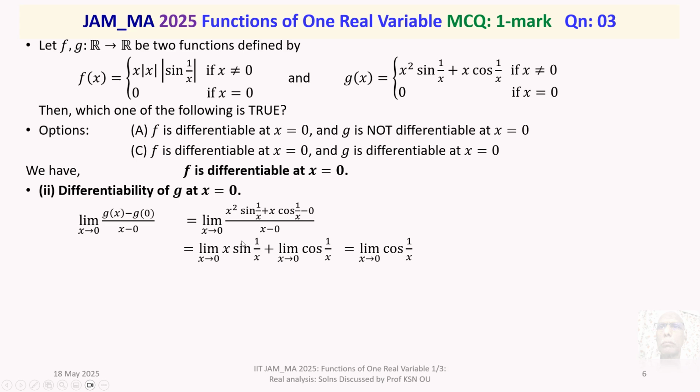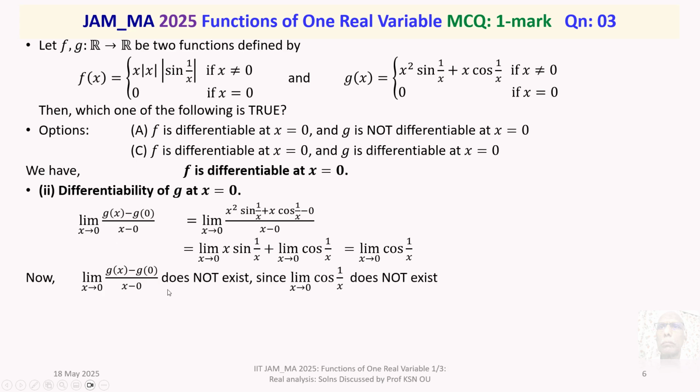In this, the first one exists and it is 0, we know. And that will be equal to limit x tends to 0 of cos 1 by x. And now this limit x tends to 0, g of x minus g of 0 by x minus 0 does not exist. Why? Because the limit x tends to 0 of cos of 1 by x does not exist. It's a standard result. So therefore, this says g is not differentiable at x is equal to 0.